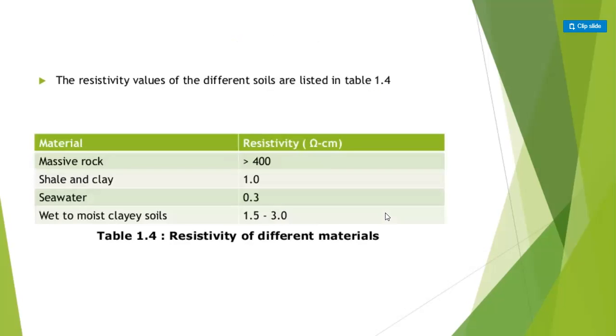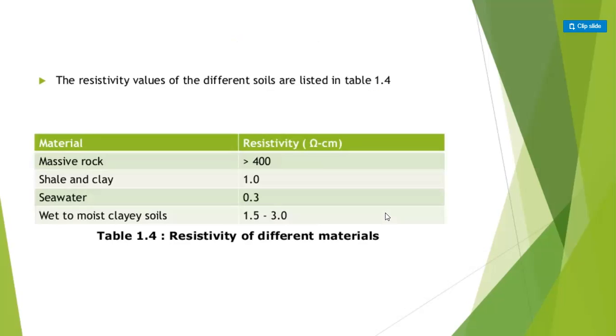The resistivity values of the different soils are listed here. For example, if we take a massive rock, the resistivity is greater than 400 ohms per centimeter. Shale and clay, shale is one type of rock, and clay is one type of rock.